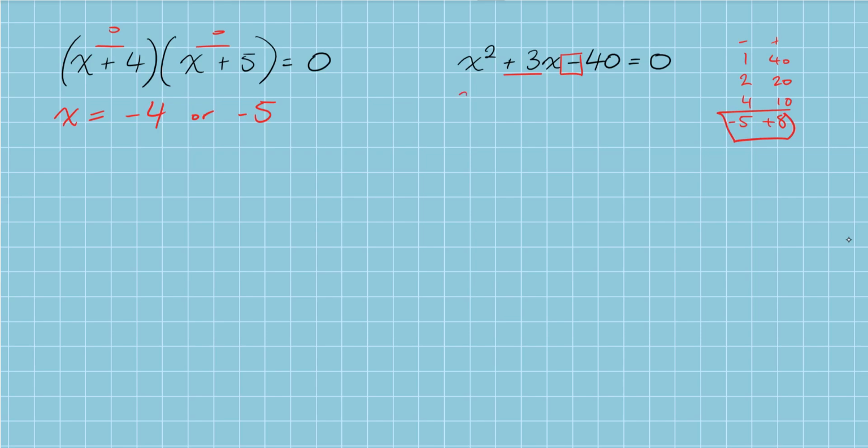Okay, so x minus 5, x plus 8, that's equal to 0, which means x equals either 5 or minus 8. There we go.